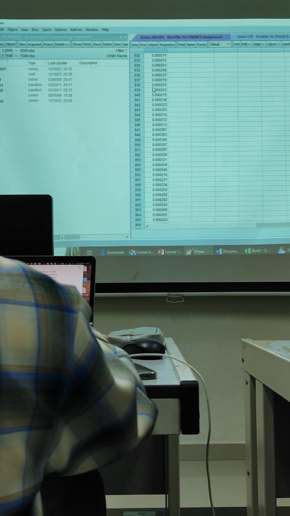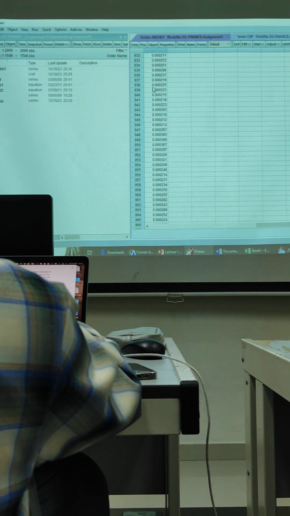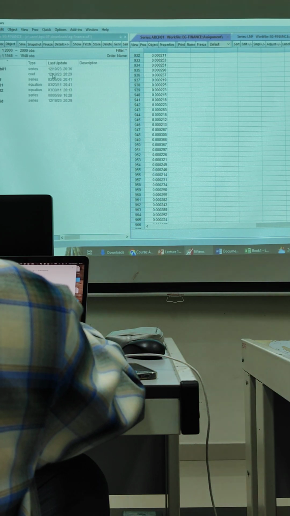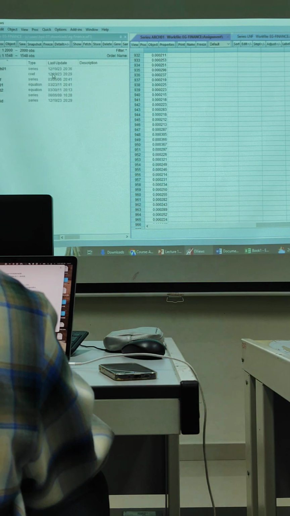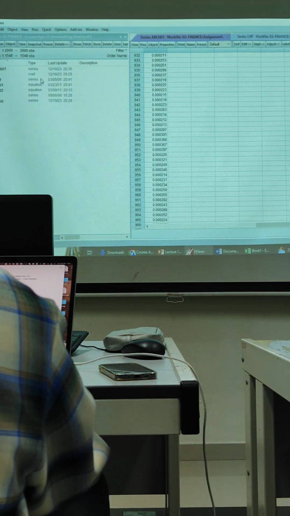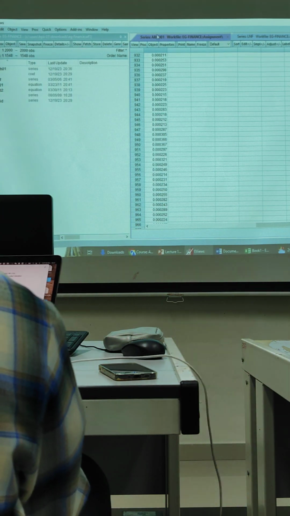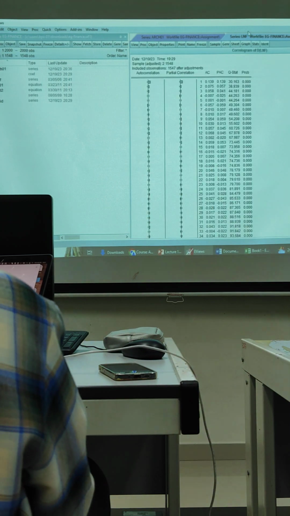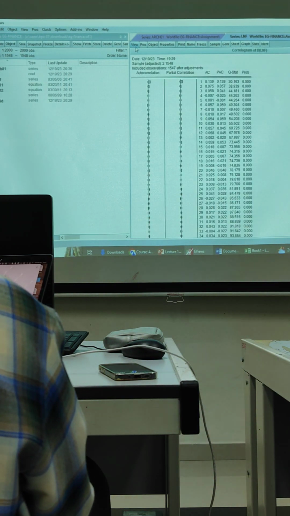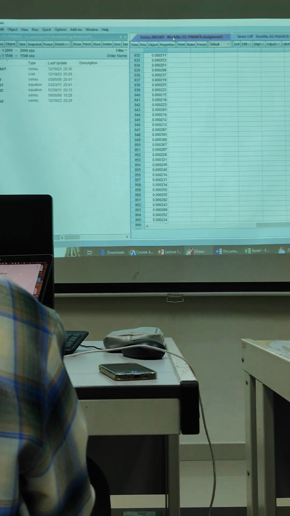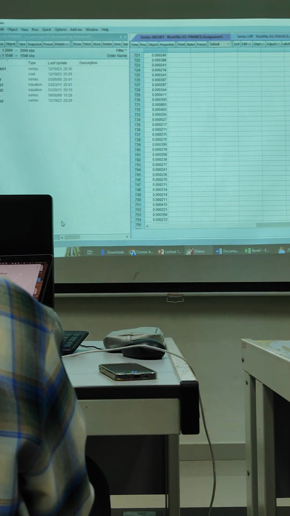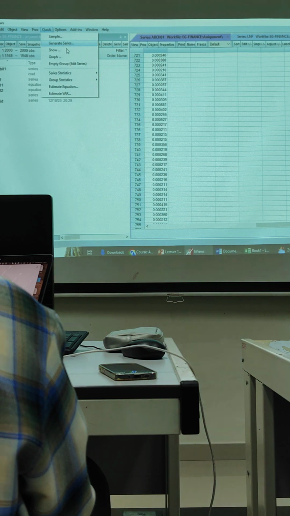Okay. So now, because of this limitation in the ARCH, about how to determine the p and how to determine the q, there is an extension for this model. So you can go to the workfile, let me see, where's my model.